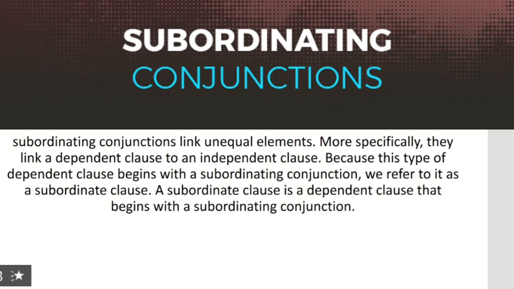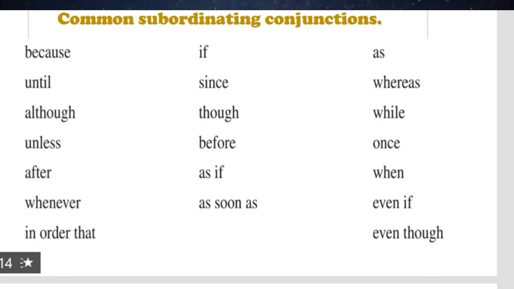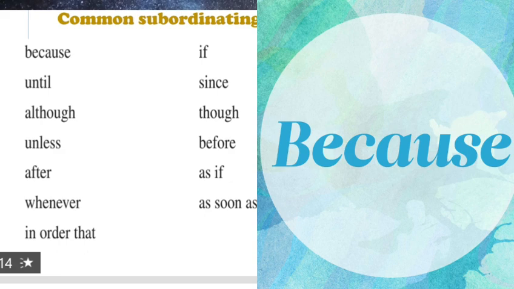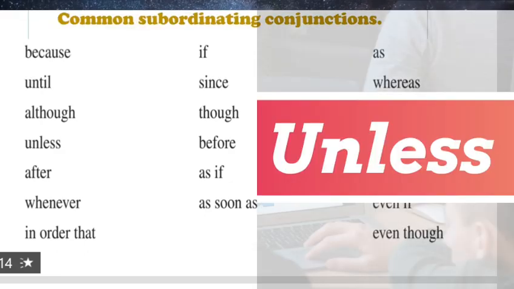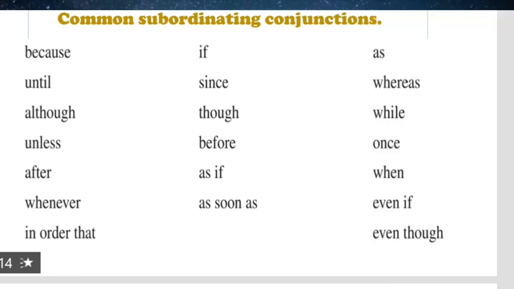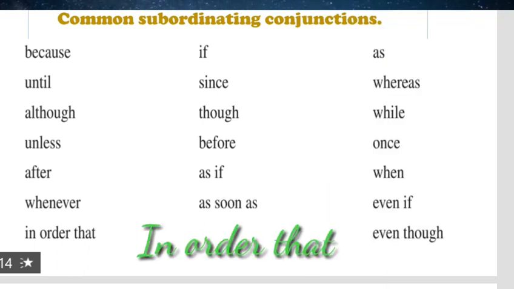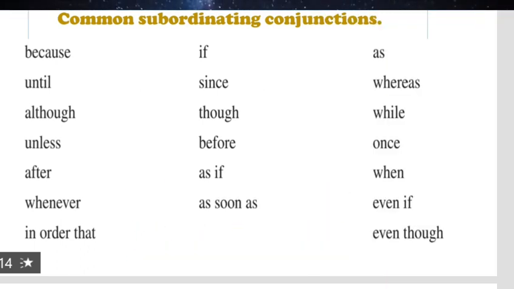A subordinating clause is a dependent clause that begins with a subordinating conjunction. We have the common subordinating conjunctions here. For example, we have because, until, although, unless, after, whenever, in order that, and so on.